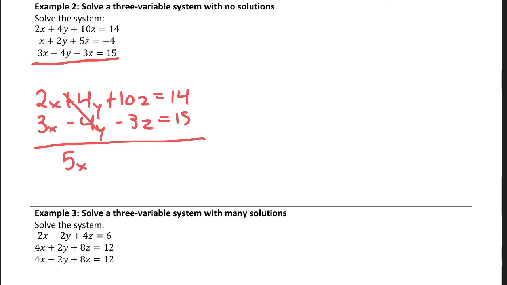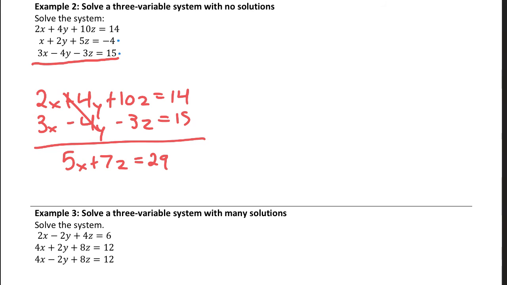I've got 5x plus 7z equals 29, okay? So in my next step, I'll do that in blue just to show the next step. I would look at using equations 2 and 3 because I have 2y and negative 4y. So I would multiply equation 2 all by 2.